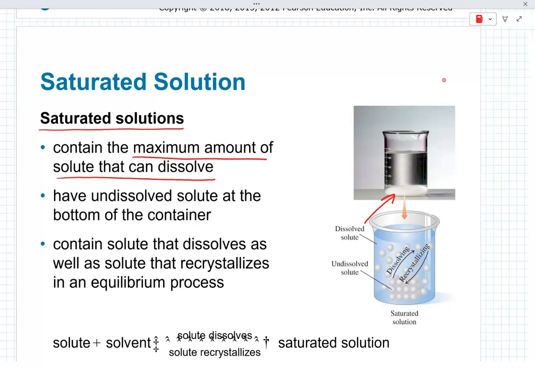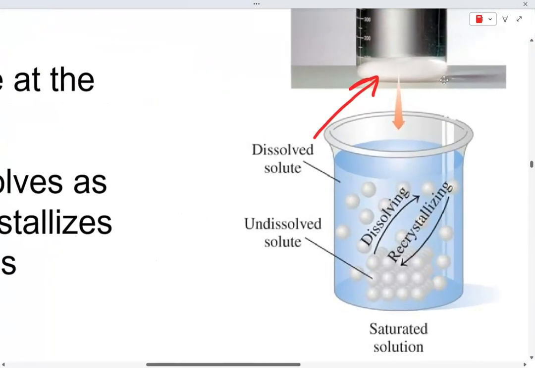An example of a naturally saturated solution actually is, I think we mentioned, maybe we did, maybe we didn't, the Dead Sea in Israel. Because the solution is so concentrated, so saturated, that the floor of that lake is covered with salt. And I want you to appreciate that this is a very important note.